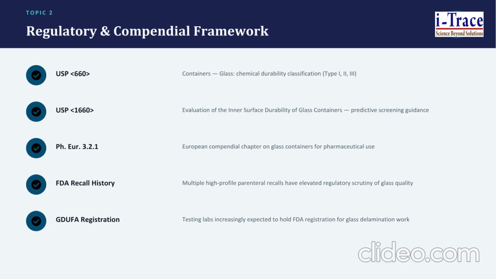So where does this sit in the regulatory landscape? USP Chapter 660 classifies glass containers into types 1, 2, and 3 based on chemical durability. USP 1660, our focus today, is the newer chapter that specifically addresses predictive screening for delamination risk. In Europe, the equivalent guidance lives in Pharmacopoeia Chapter 3.2.1.